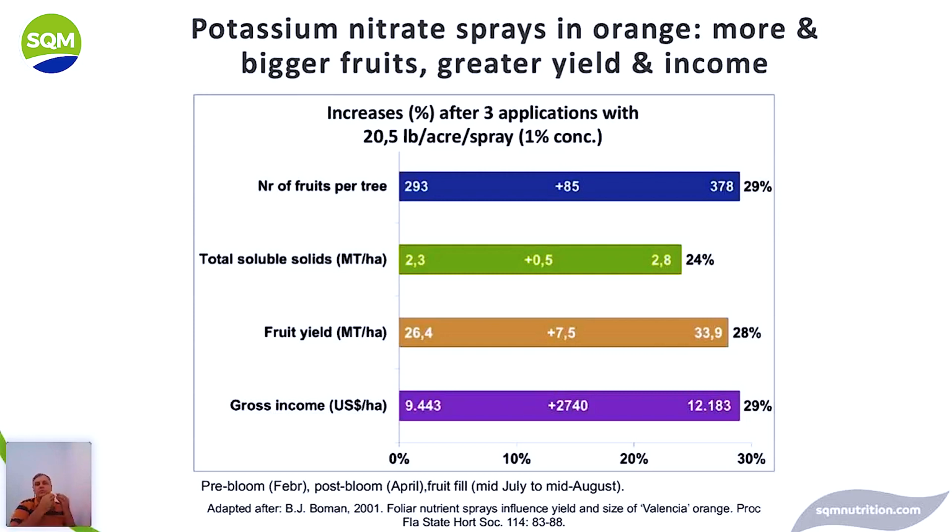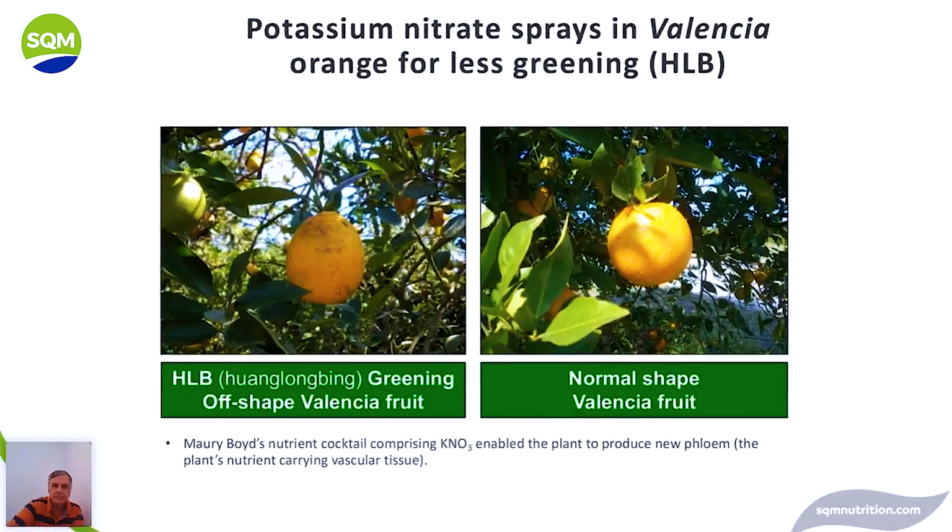We increased the total soluble solids content, as mentioned. That was reflected in an increase in the fruit yield and in the gross income, from 9% to around 12%. So this is with 3 foliar applications of potassium nitrate.